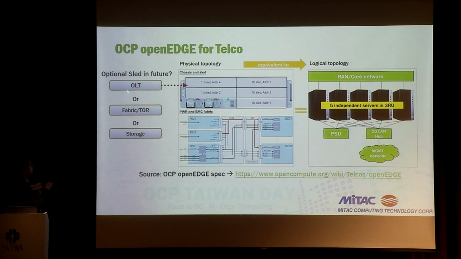So how about having the OLT slide into this system? Same idea, fabric or TOR, especially in the indoor application. Think about the cost of the transceiver and the cable. That's very expensive. If we can have the fabric and TOR sled inside of this system, direct connect to the computing sled, how much cost we can save, and how much efficiency we can provide.